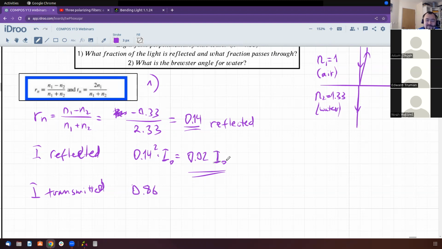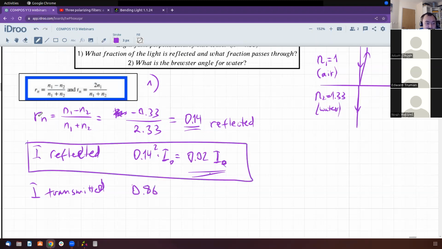So I don't have an answer for you right now. I think I've confused myself somewhere along the way. But anyway, you can find the reflected bit. The reflected bit works. You find the coefficient of the reflected light, then you take it squared, then that's the energy or the intensity of the reflected wave.